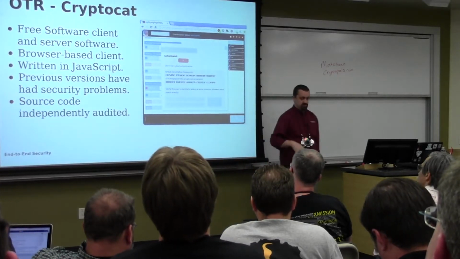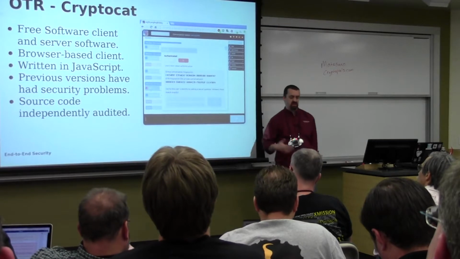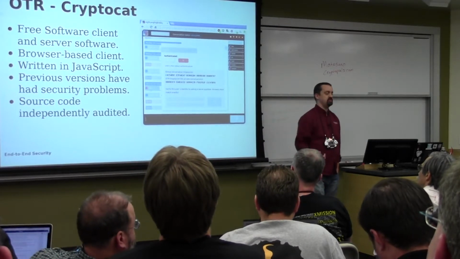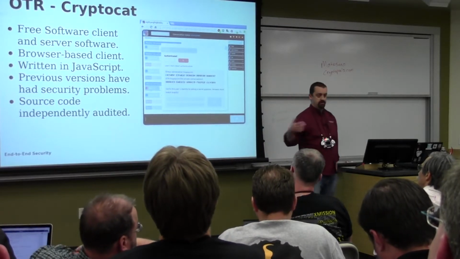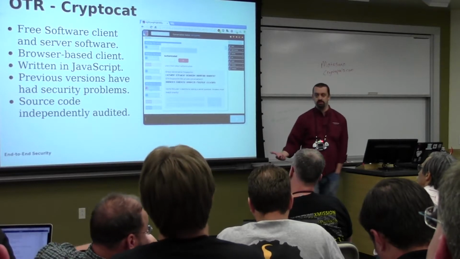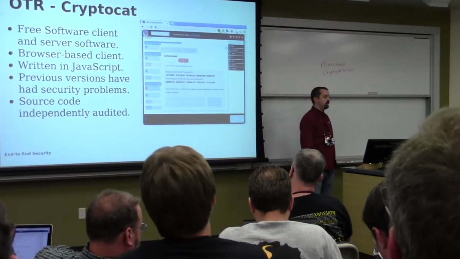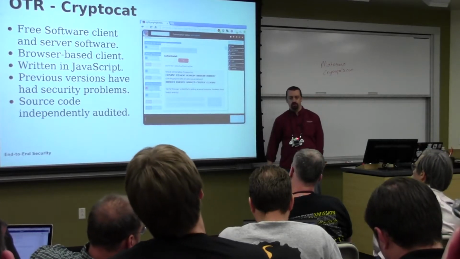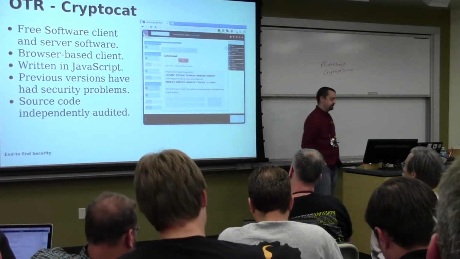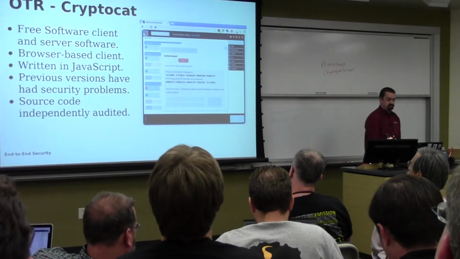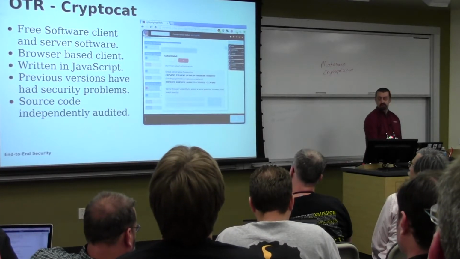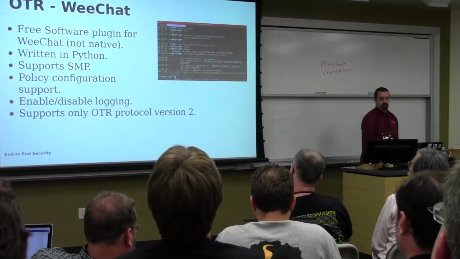But this shows that here's a third party, unaffiliated, unrelated to the project, that went through the source code with a fine-tooth comb, maybe involved some mathematicians or cryptographers, and then found the following results from the source code. Okay? The audit came through favorably. So Cryptocat, despite its history, is a decent OTR client.